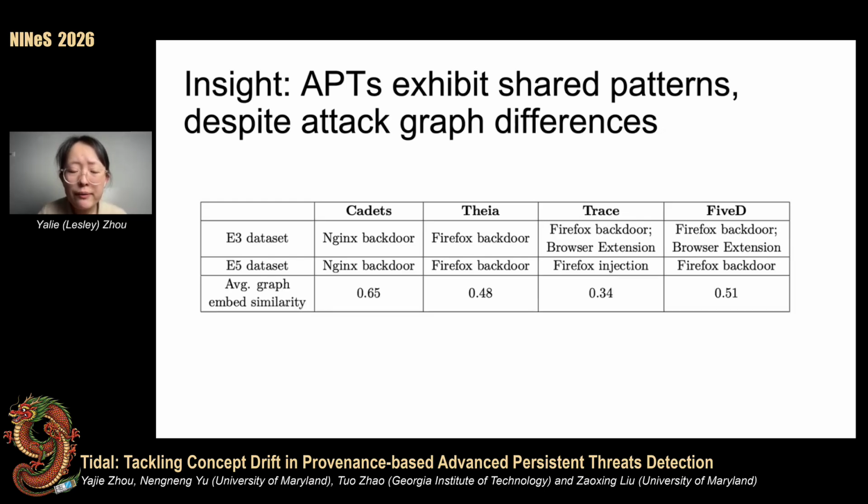However, if you look at their provenance graphs, their graph embedding similarity can be quite low. This means that although APTs across different times may share similar patterns underneath, they still have significant attack detail differences. The existing fine-tuning techniques heavily overfit on whatever the newest graph is, and that is why they fail with concept drift.